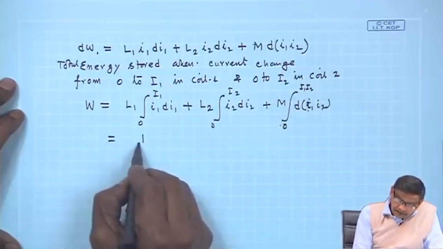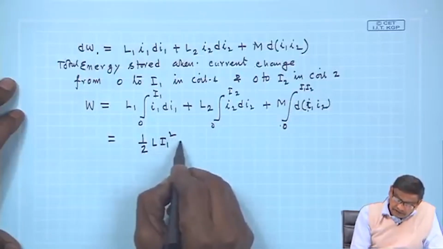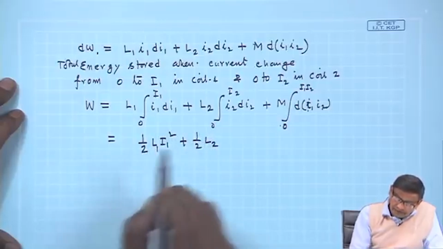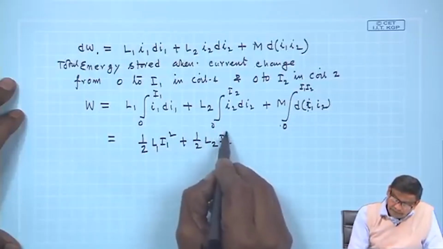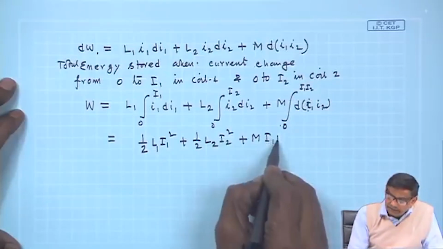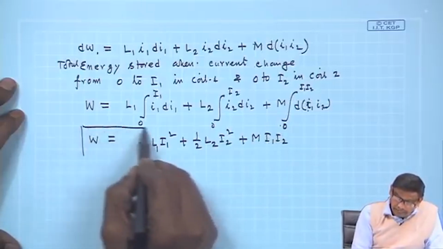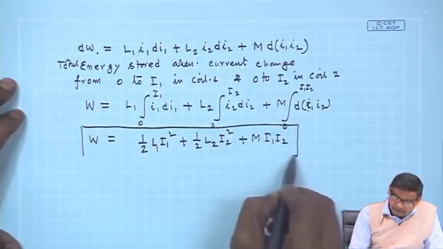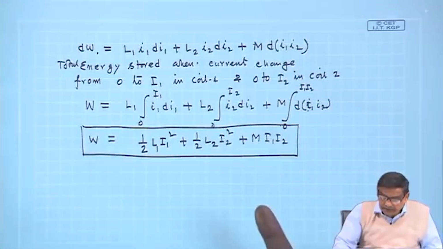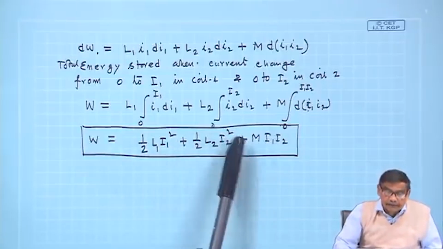So, if you calculate this, it will be half L1 I1 square plus half L2 I2 square and plus m into I1 I2. So, the energy stored in coupled coils when it carries some current I1 and I2 is given by this.